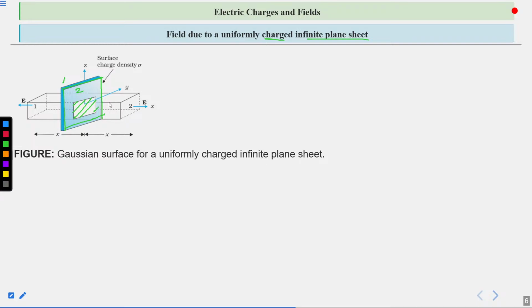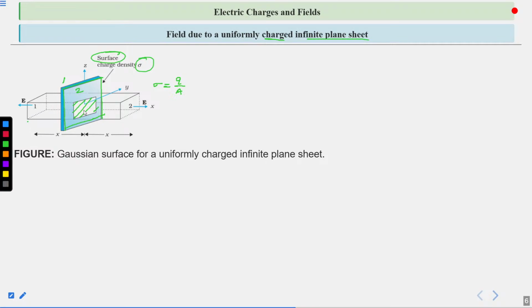Here we calculate the electric field due to a uniformly charged infinite plane, and we use the concept of surface charge density, that is sigma. We know sigma is charge upon area. This is the surface charge density. Now, here we draw a Gaussian surface, this dotted region.